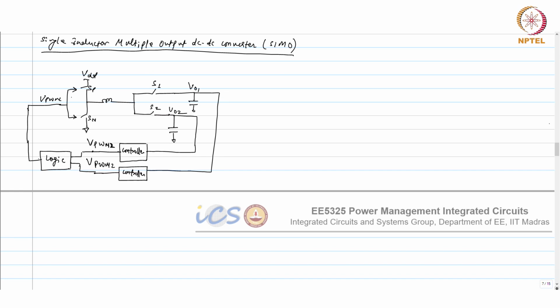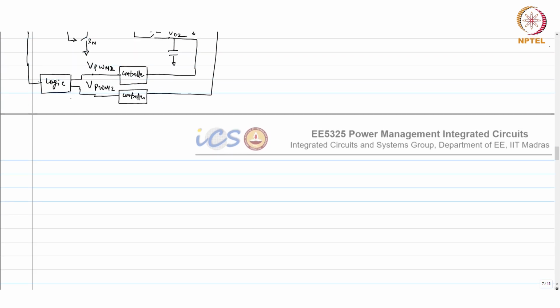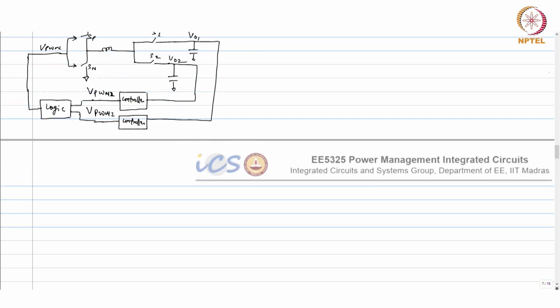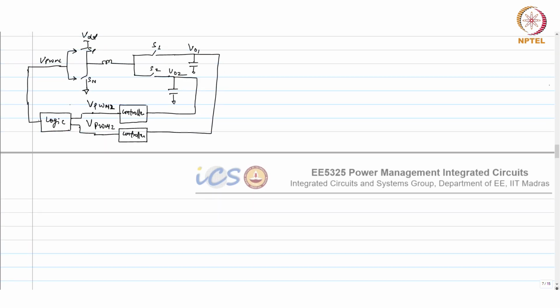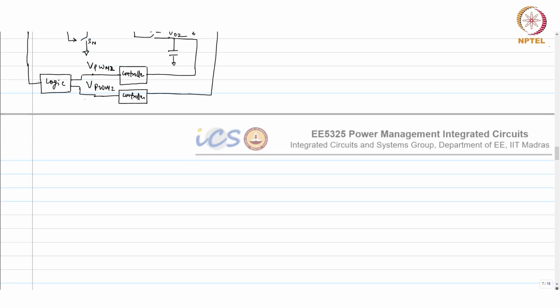Can somebody guess what this logic should be? We are sharing the same inductor, which means we can share it with time multiplexing. For one cycle I feed one duty cycle, and for another cycle I feed another duty cycle.